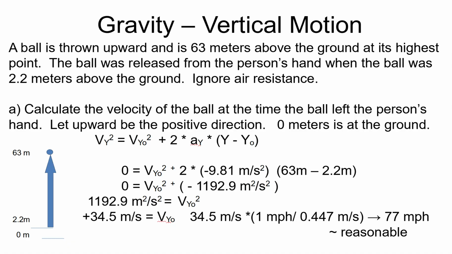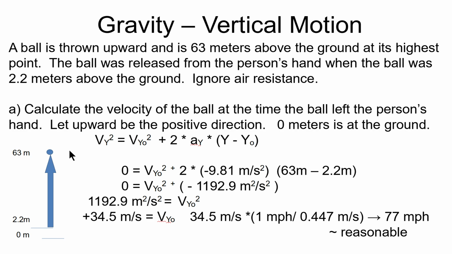So this vertical motion problem, again, it's good to make a little sketch of the situation here. So I've got a simple sketch over here. Ground level at 0 meters. The ball starts at 2.2 meters, reaches 63 meters above the ground. Well, there are four kinematic equations.